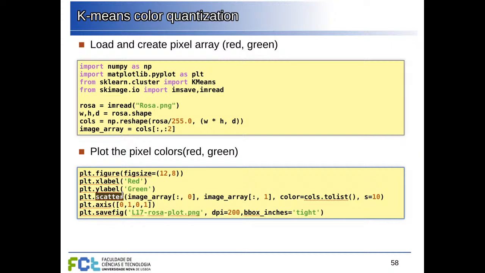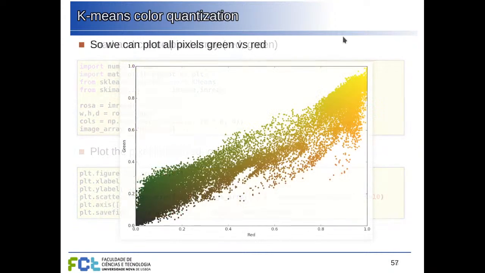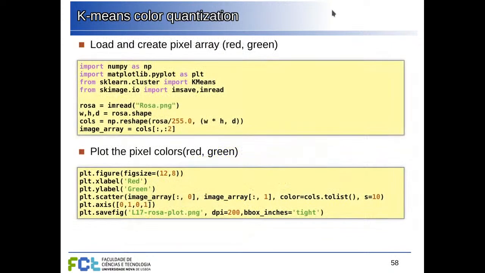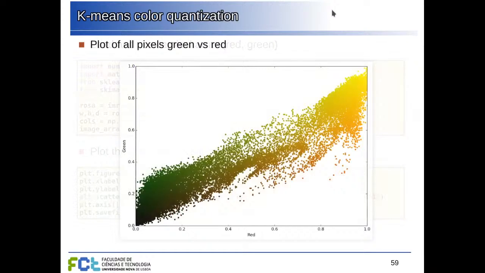You give the x values, which is the first column, the y values, the second column, so red and green components, and then you can give a list of colors where each color can be defined as red, green, and blue. So we're going to just take the colors from the original image, give that as a list, and this will plot all our points like this with the different colors. So basically this is just a code to load the image and look at the data.